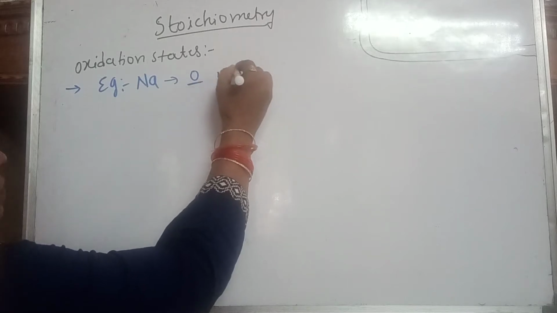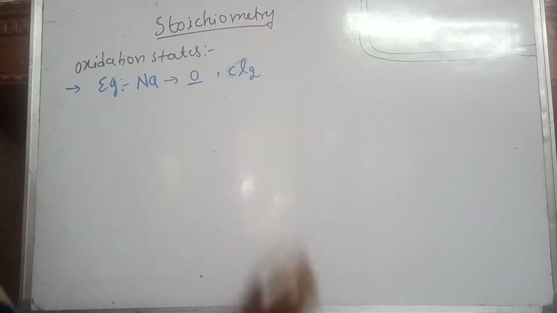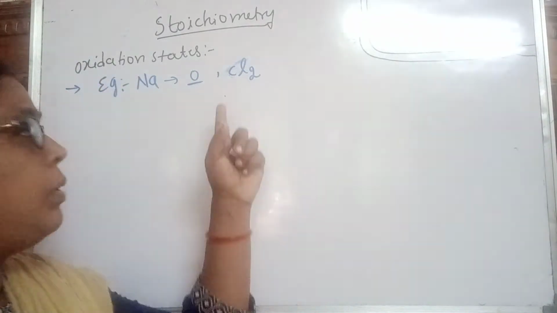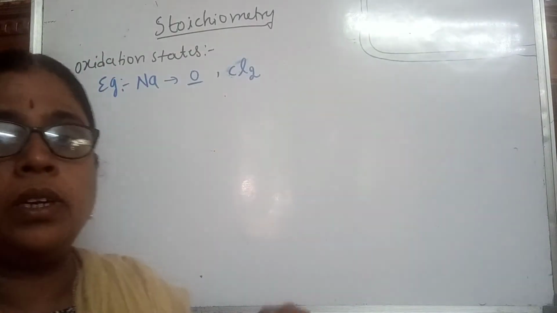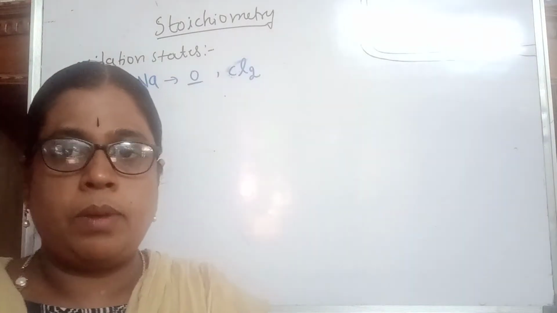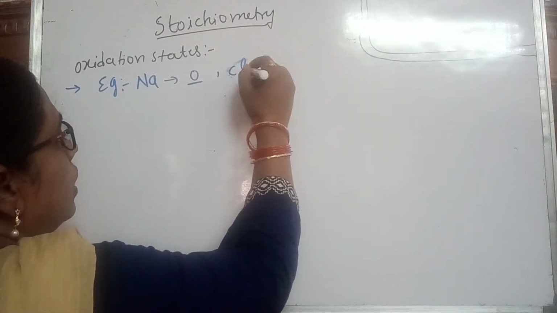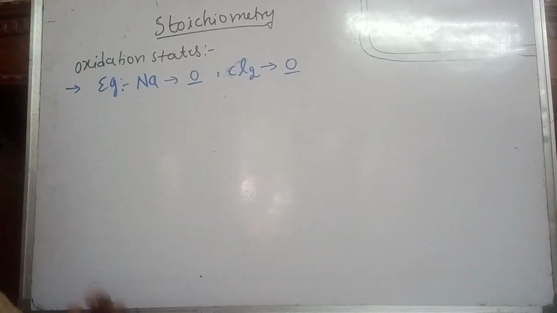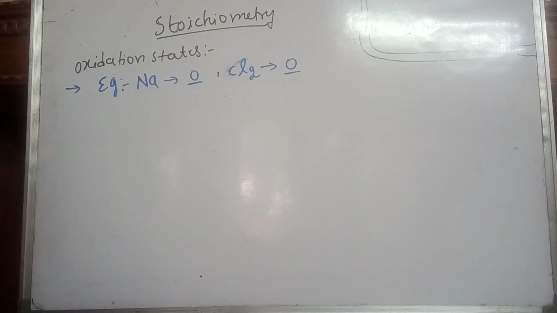Molecular state here means homomolecular state, a molecule containing the same type of atoms. For example, Cl2 contains two chlorine atoms only. So the oxidation state of chlorine in the Cl2 molecule is 0. This is the first rule.